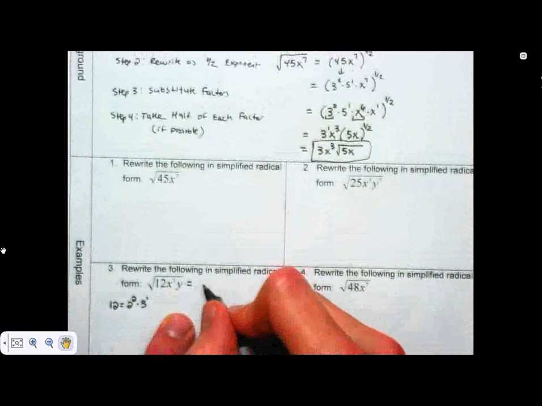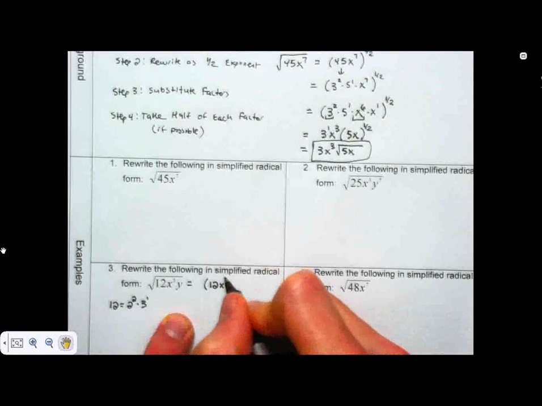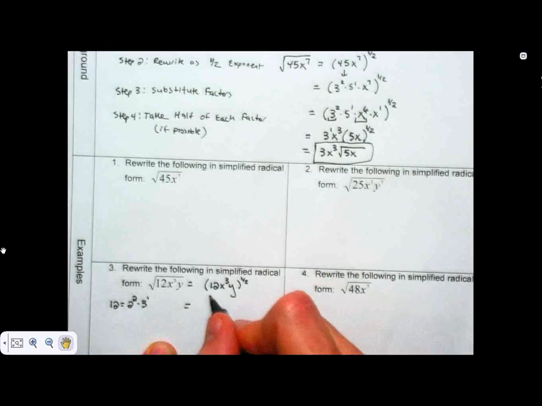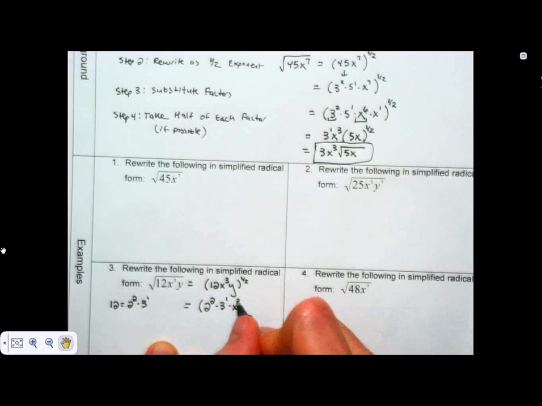And then the next step is to rewrite the square root of 12x to the third y as 12x to the third y to the 1/2 power. The next step is to sub in the factors of 12. So 12 is equal to 2 squared times 3 to the first times x to the third times y to the first.